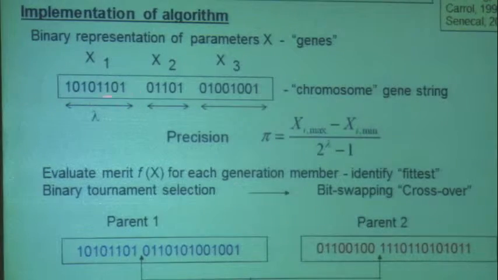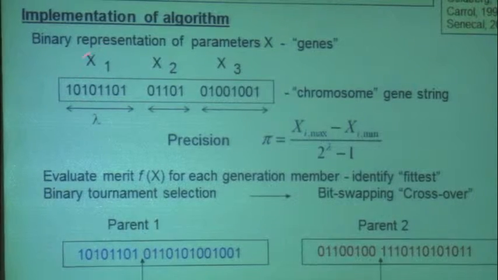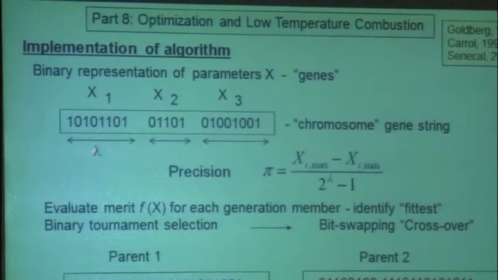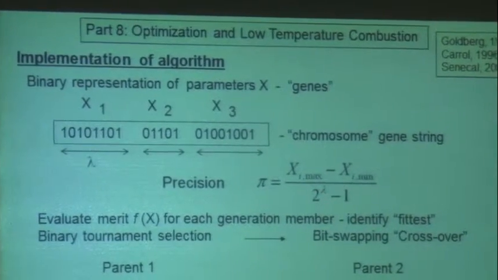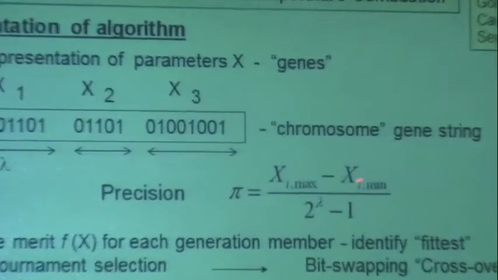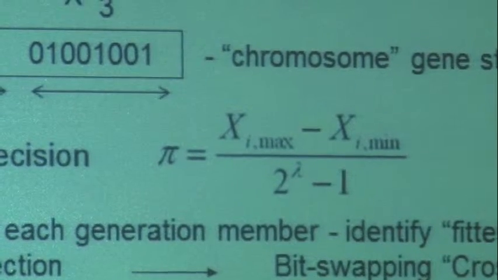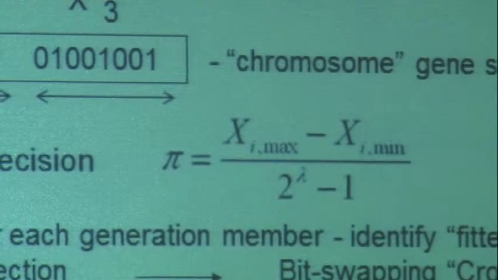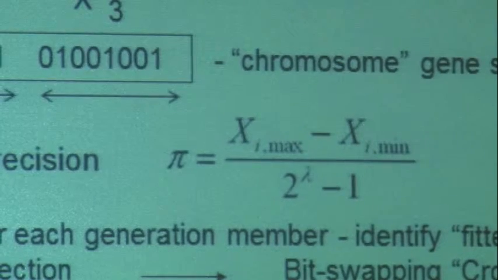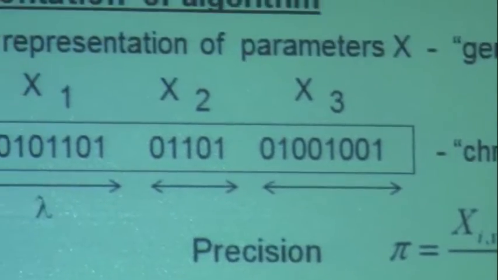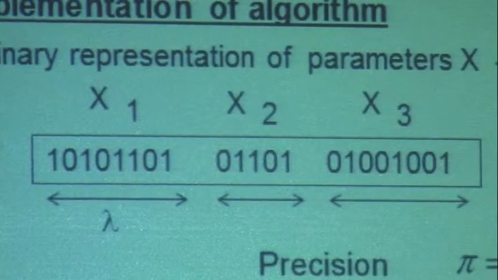The number of digits that you have here to represent this first variable, say injection pressure, is determining the precision, right, the lambda here. And then the range over which the injection pressure would be varied gives you the precision over that range. So basically, the number of digits here is determined based on the range you want to cover and how accurately.